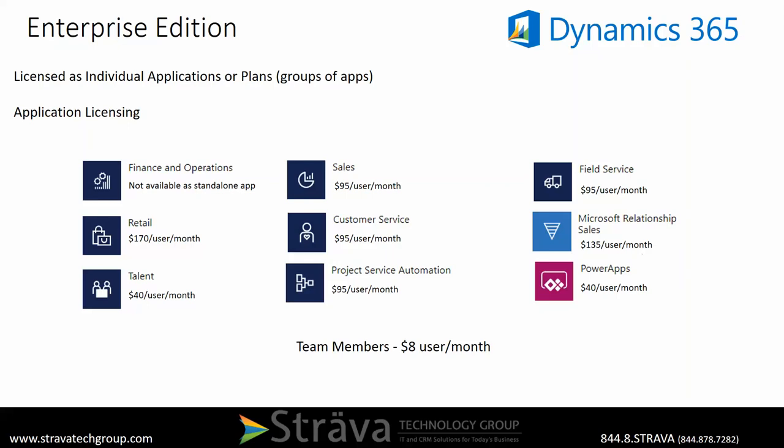And you can license that for $135 per user per month. You do need a Sales Navigator Team or Enterprise Edition license. The Team license, I believe, starts at about $130 per user per month. So you have to factor that in as an additional cost to the Relationship Sales module.